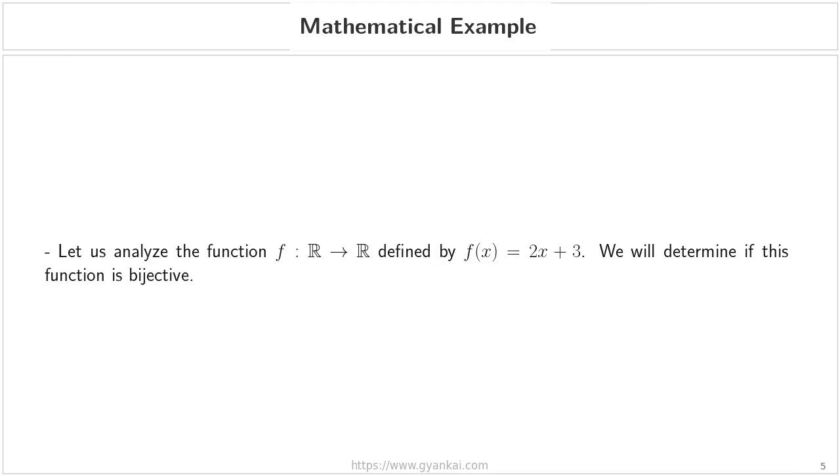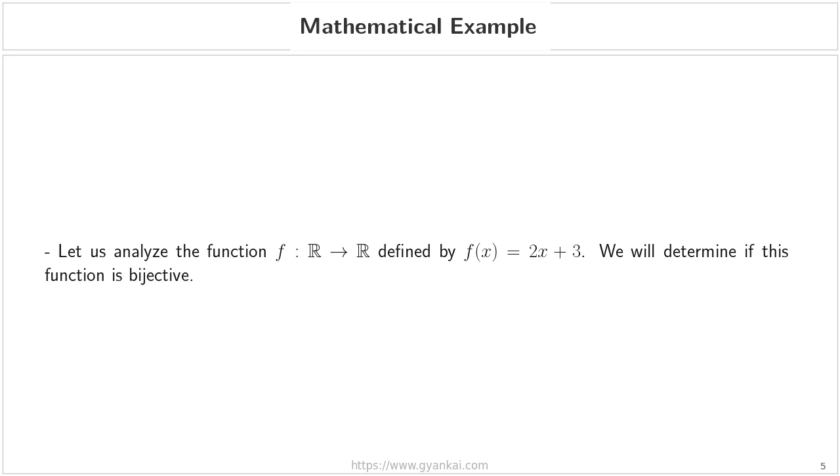Mathematical example. Now that we have explored the conceptual side of bijectivity using the classroom seating example, let us apply those principles to a concrete mathematical problem. Please look at the function f, which maps the set of real numbers to the set of real numbers, defined by the equation f(x) equals 2x plus 3. Our objective here is to determine whether this specific function is bijective.